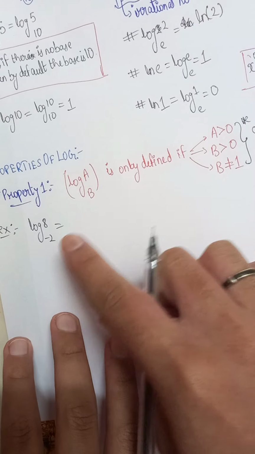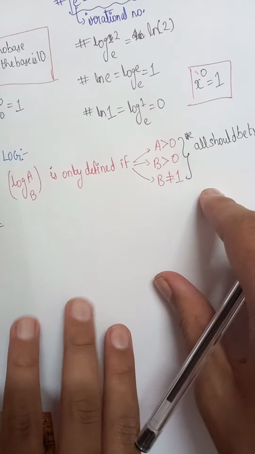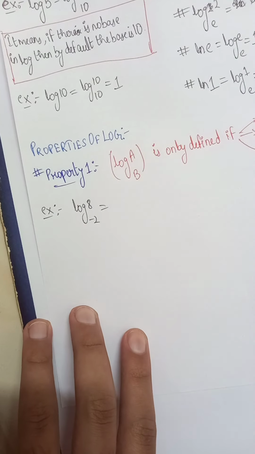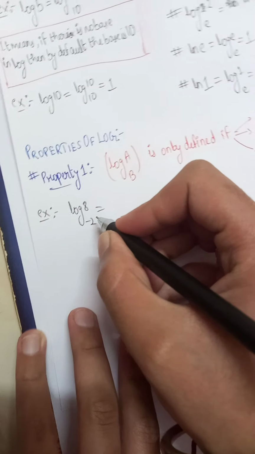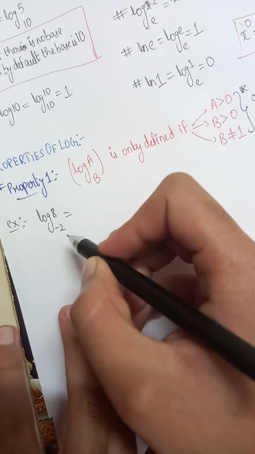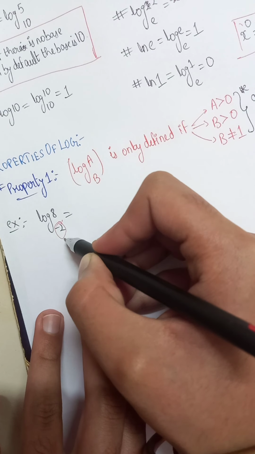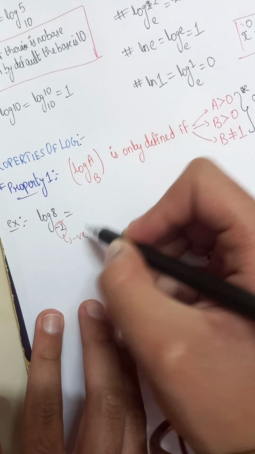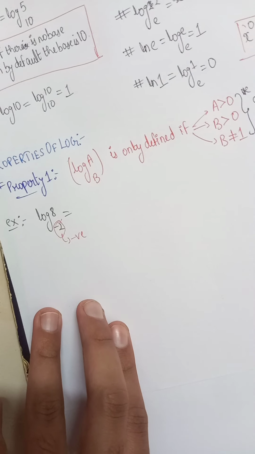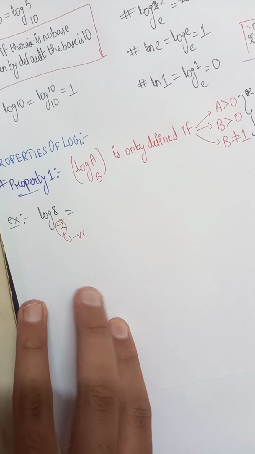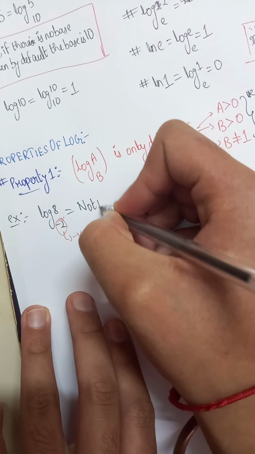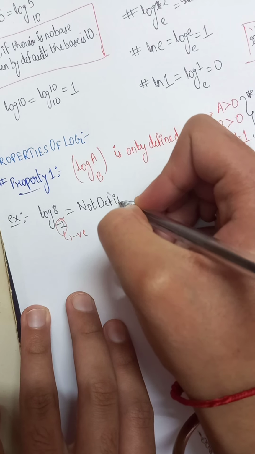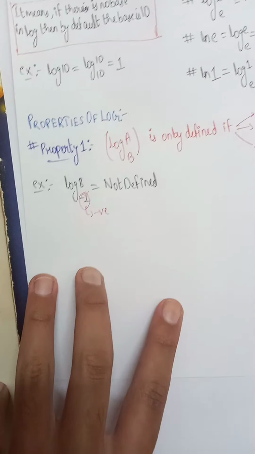First verify whether all these conditions are satisfied. I'll explain the first question. Since the base should always be positive, but here the base is negative, which means it's less than 0, the solution to this question is it's not defined.